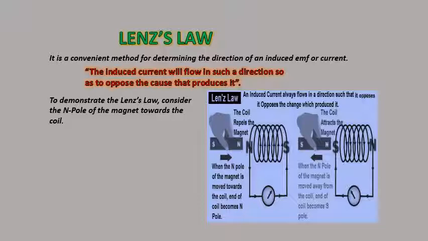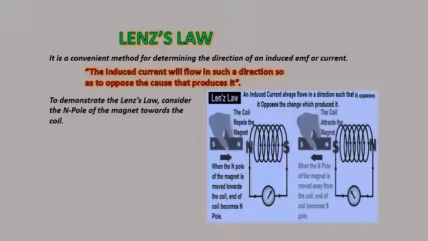Because of these opposite poles, the coil attracts the magnet. So this process continues: in the first figure the same poles appear on the adjacent side of the coil, and when the magnet is moving away from the coil, opposite poles appear to attract.